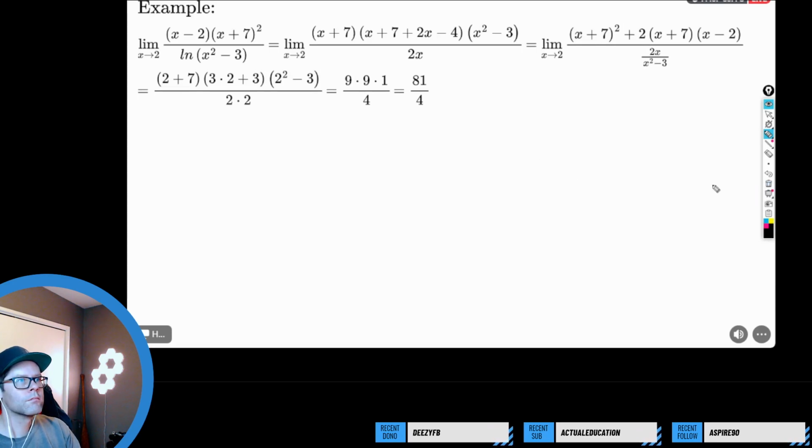L'Hopital's rule actually has a few more variations, quite a lot. There's also a variation as the limit as x goes to infinity, not just as x goes towards some constant number.